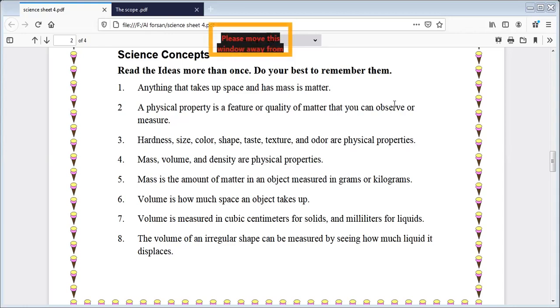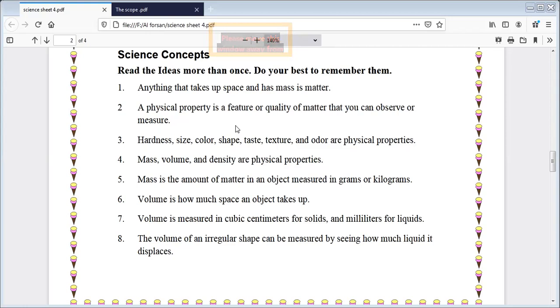Can he observe or measure the physical properties of matter?